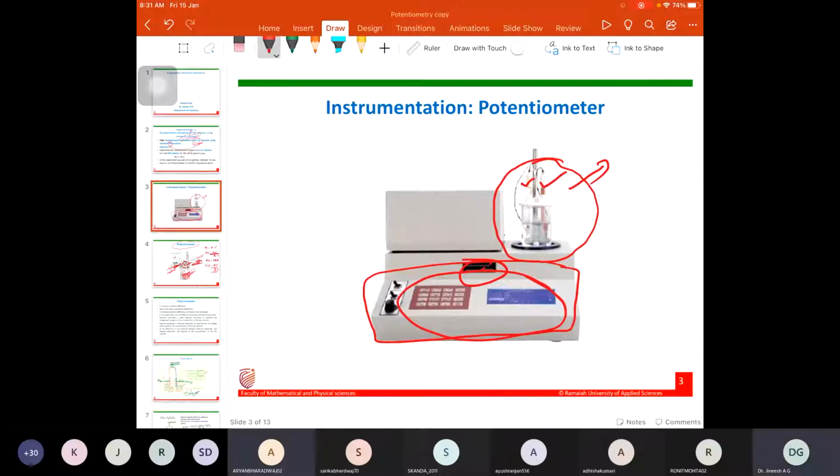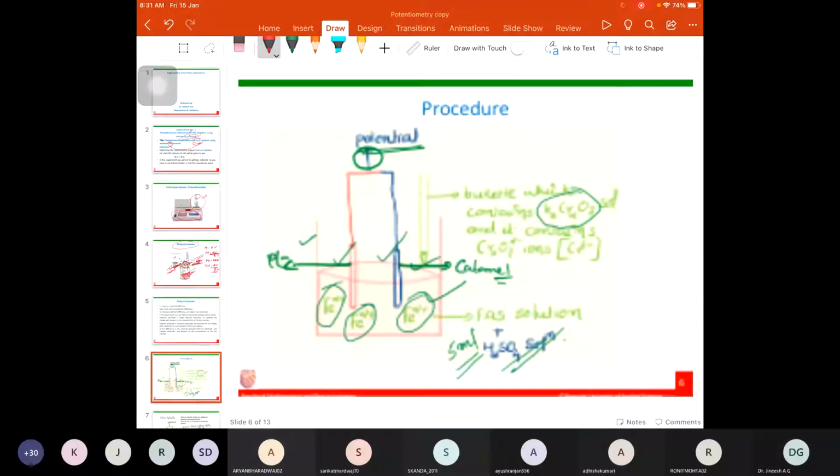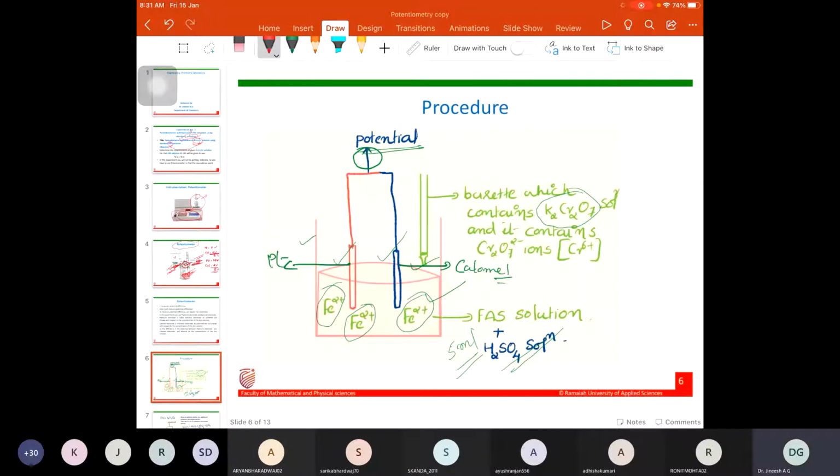Yes, sir. Okay, we'll go back to the experiment. So first we have taken, again I'm telling, 25 ml of ferrous ammonium sulfate solution. Into that, 5 ml of sulfuric acid solution. Then we are measuring the potential difference. Even though we are measuring the potential difference, I will mention it as only potential. But whenever I am telling E potential, actually it is not potential, it is potential difference.